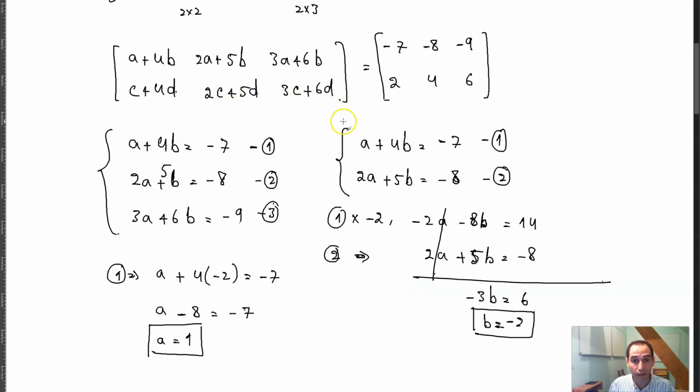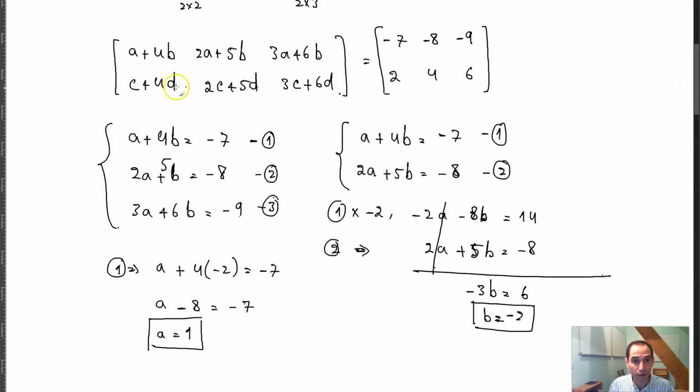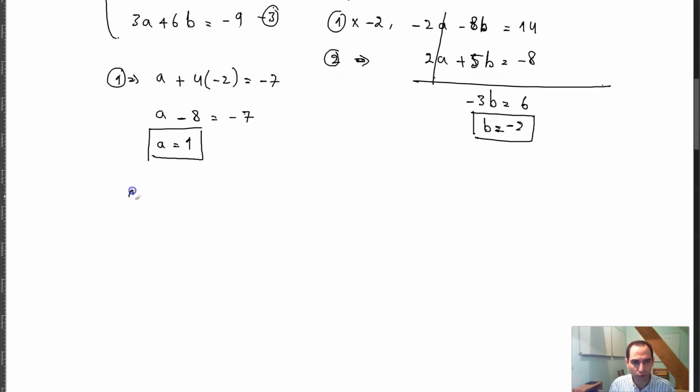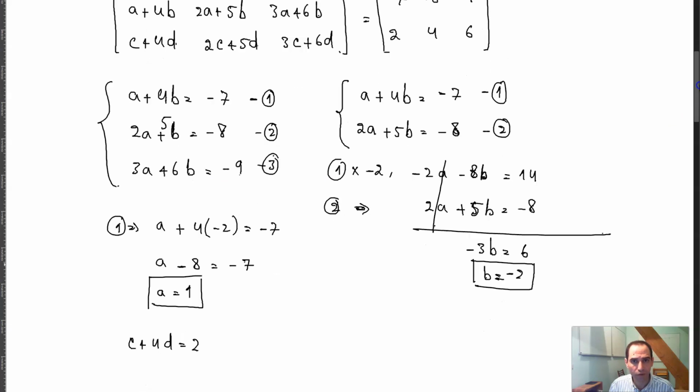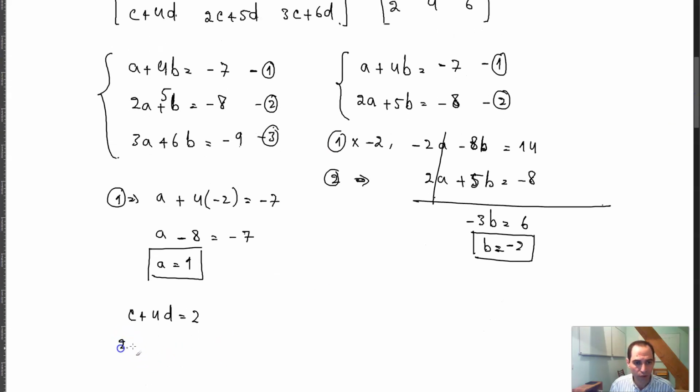Now I can pick a couple of formulas here. For example, C plus 4D is equal to 2, and also 2C plus 5D is equal to 4. Call these, for example, 4 and 5.